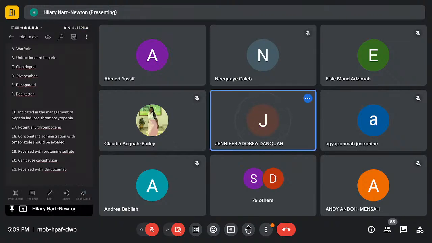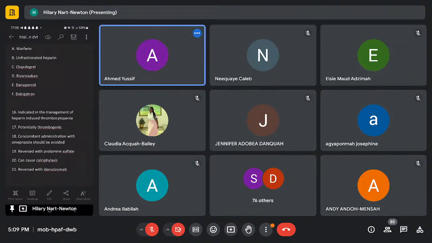Warfarin. Yeah, warfarin. So that's one of the rare side effects of warfarin. Calciphylaxis, where there is deposition of calcium around the blood vessels and tissues, can cause necrosis. So it's one of the rare side effects of warfarin.